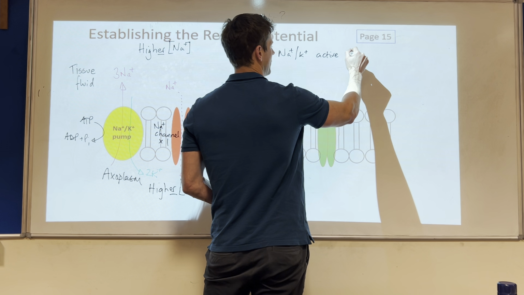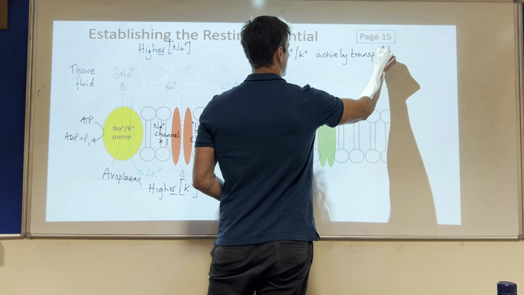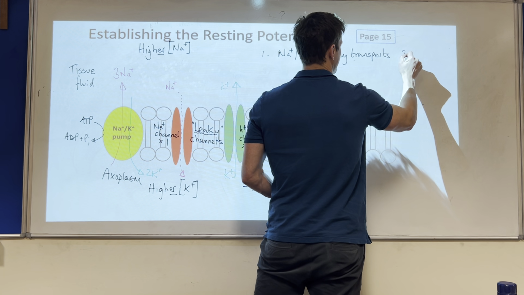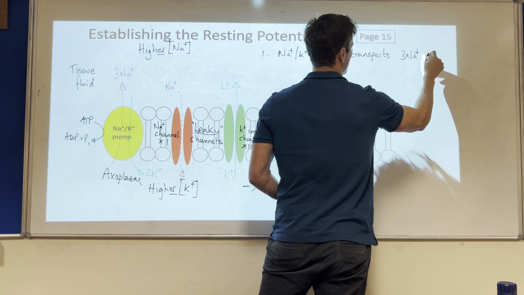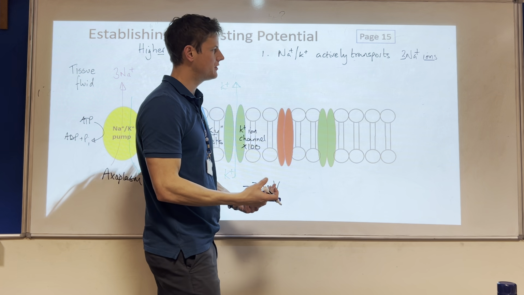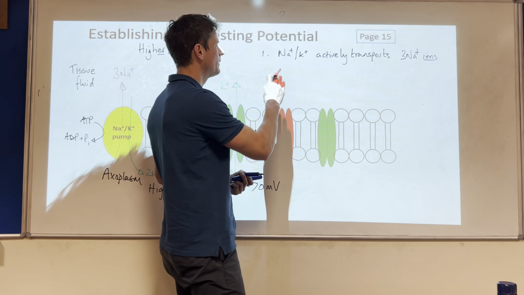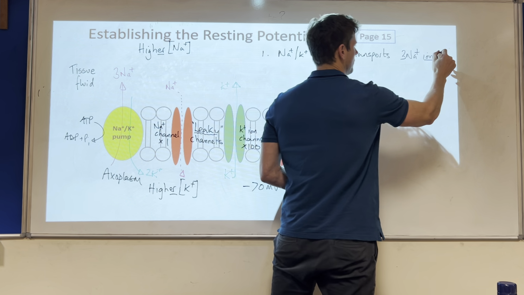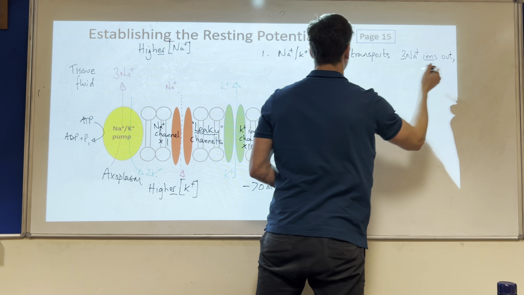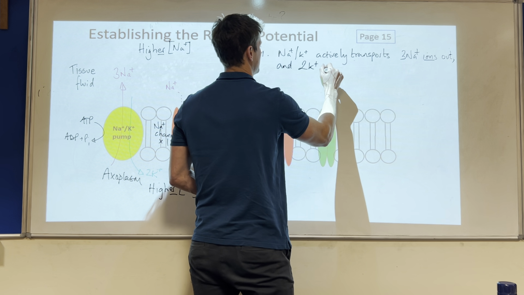So sodium-potassium pump actively transports 3 sodium ions, and I'm emphasising here that these are ions. Na plus would be fine, but I'm just sort of belt and bracing it here. 3 sodium ions out, and 2 potassium ions in.